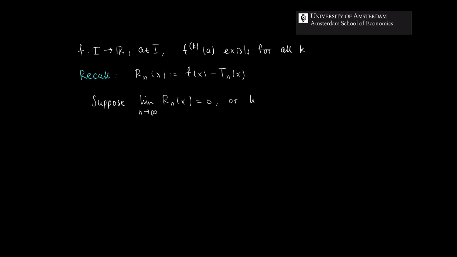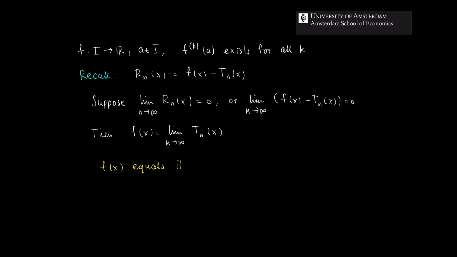This means that the limit for n to infinity of f(x) minus T_n(x) is 0. So f(x) equals the limit for n to infinity of T_n(x). So if we can show that the remainder terms for n to infinity go to 0, then we would know that f(x) equals its Taylor series.